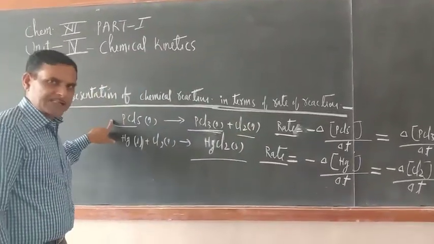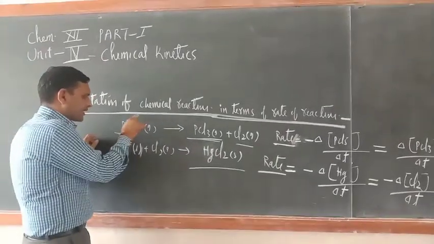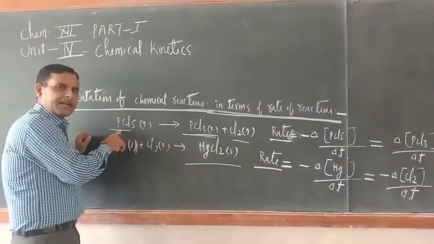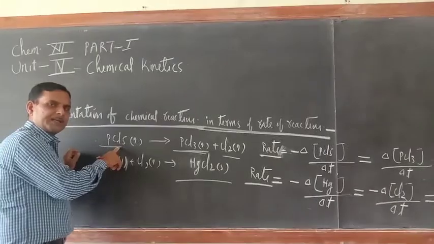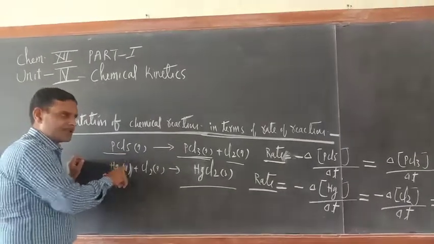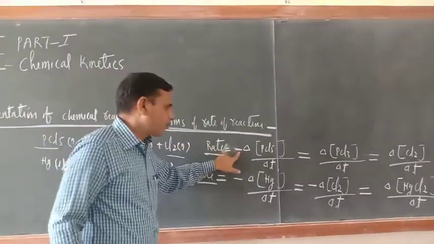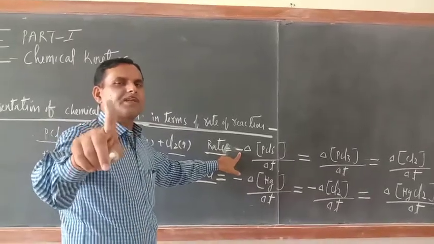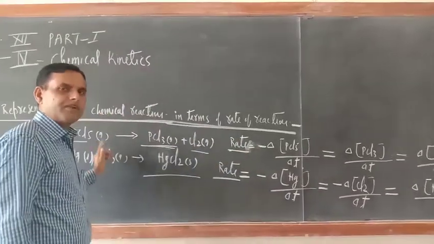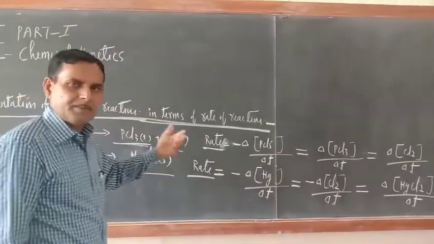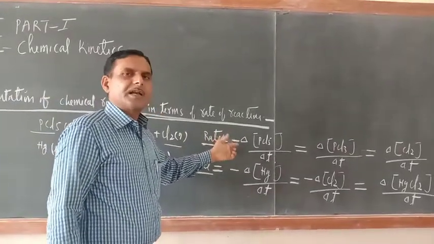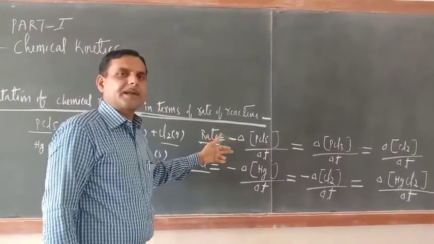So delta sign must be there and their concentration must be written inside the square bracket, which represents the molar concentration. So now here rate equal to, the minus sign must be there because it is the concentration of reactant, and with the passage of time, what is there? It means the concentration of reactant is decreasing.